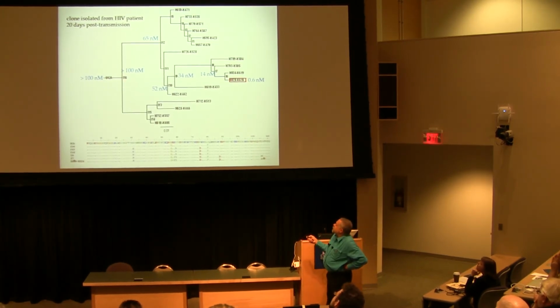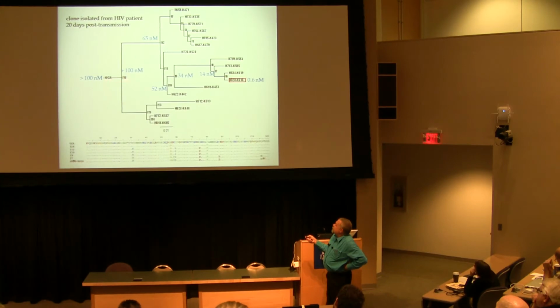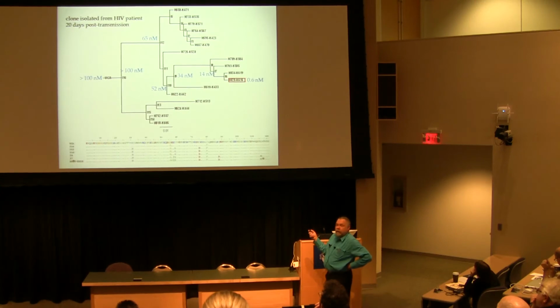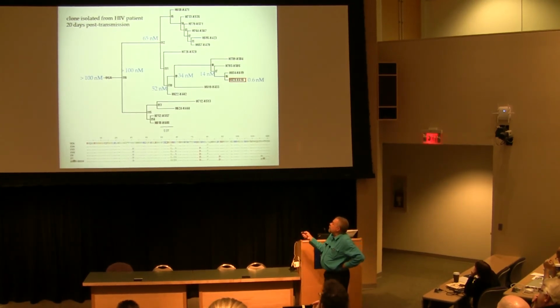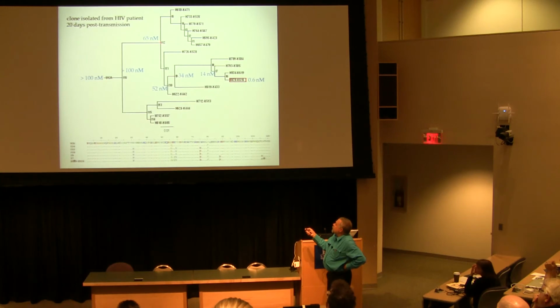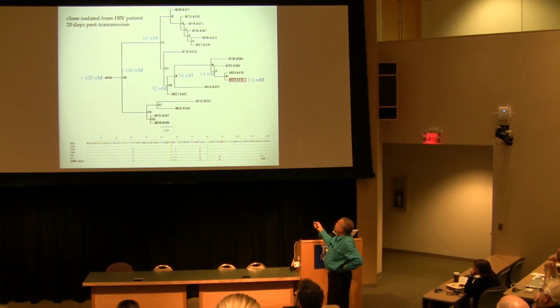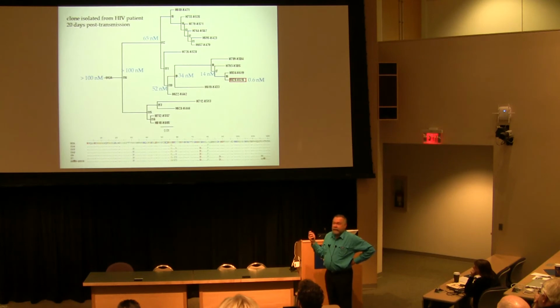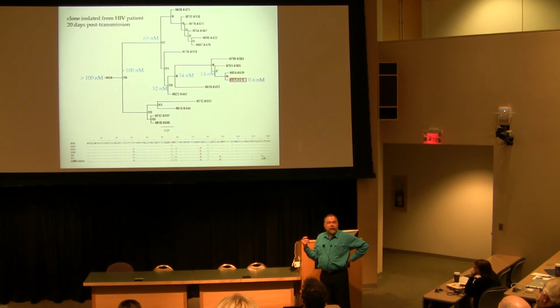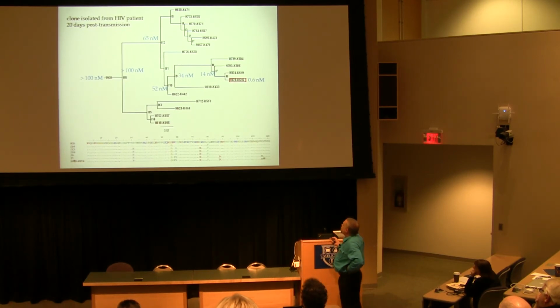And in fact, it's not until we get past this intermediate, which is also very low affinity, that we get to 65 nanomolar, which is now respectable. So this guy has a very distinct anti-HIV capability, 52, 34, 14. By the time we get out to the actual observed antibodies, this is a very high affinity antibody indeed, about 1 nanomolar, and that's typical of a high affinity, high specificity antibody.